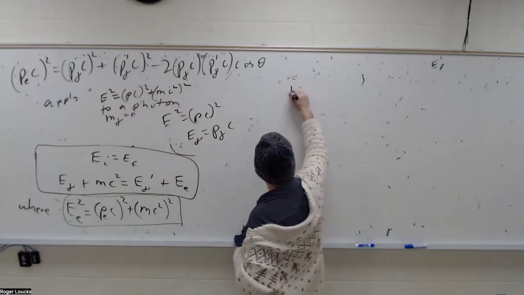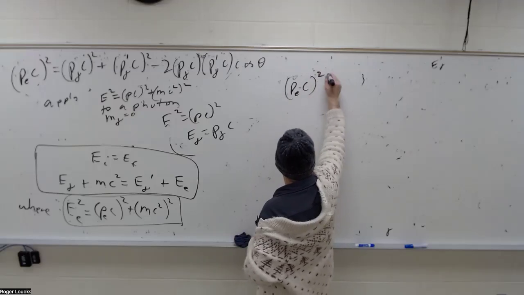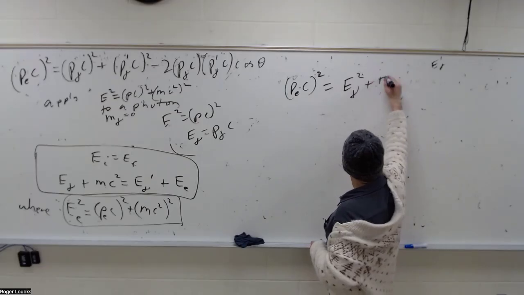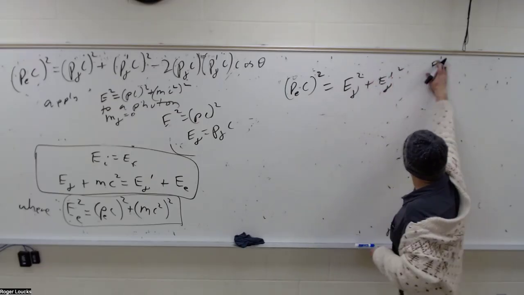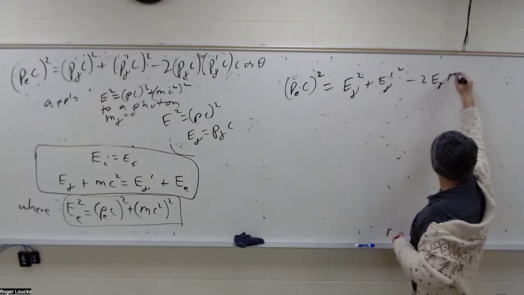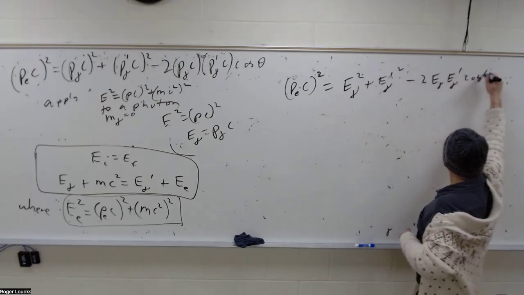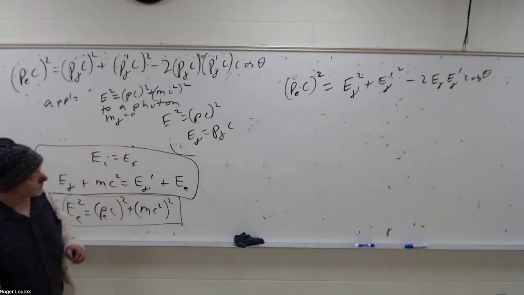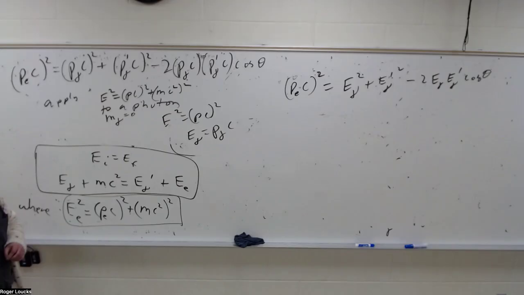So this gives me p_e c quantity squared equals E gamma squared plus E gamma prime squared minus 2 E gamma E gamma prime cosine theta. Does that make sense?